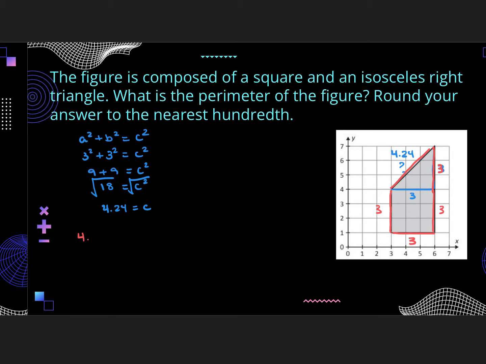So we're adding 4.24 and then 3 four times, which gives us a perimeter of 16.24. And again, we're going to just go ahead and say units because it did not give us the units. I'm trying to get better at my units.